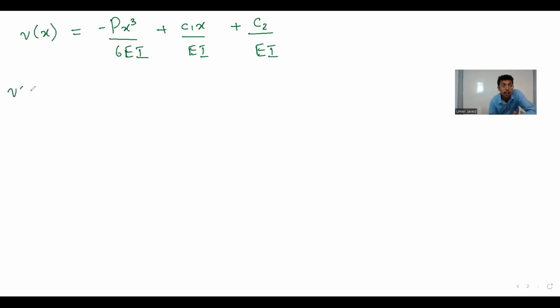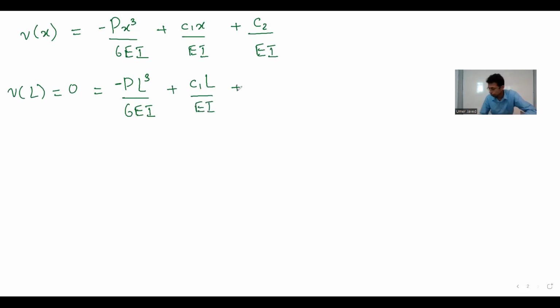Then V at L is equal to 0, which is equal to minus PL³ over 6EI plus C1L over EI plus C2 over EI is equal to 0, right? So this is your equation number A.